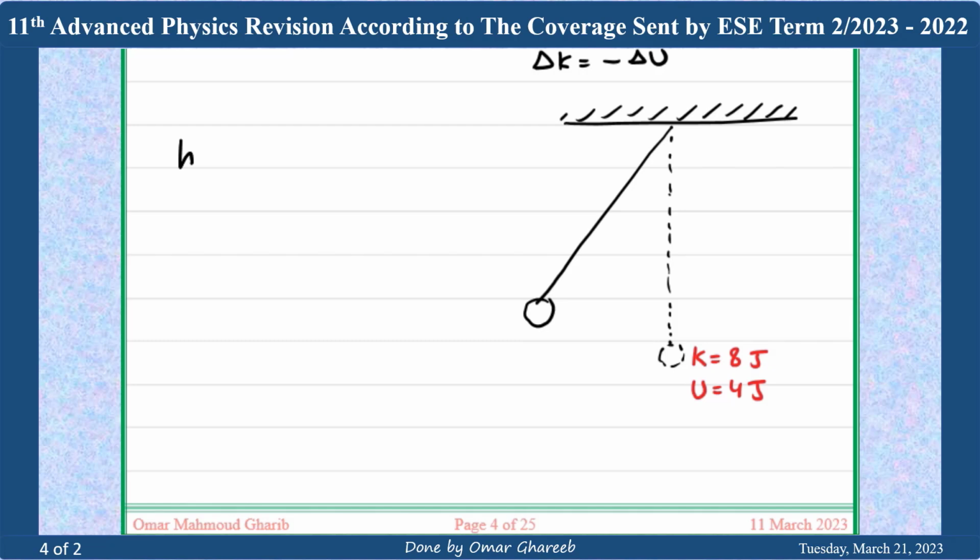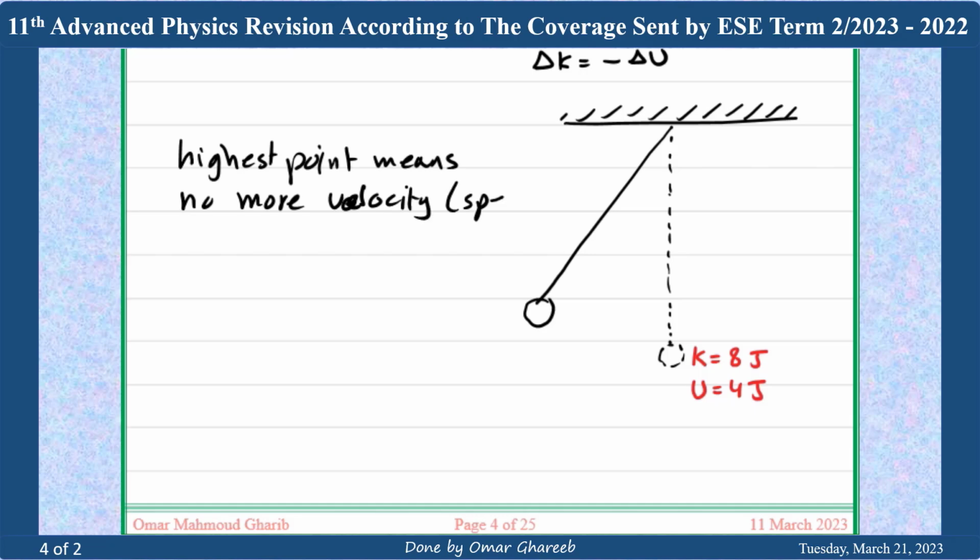Highest point means no more velocity or speed. So the velocity at the highest point should be 0. Then the kinetic energy at the highest point, let us name it as top, equals 0.